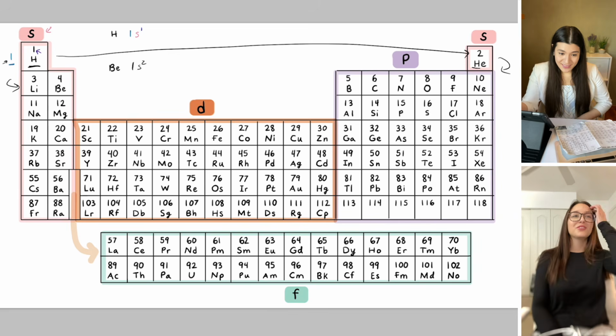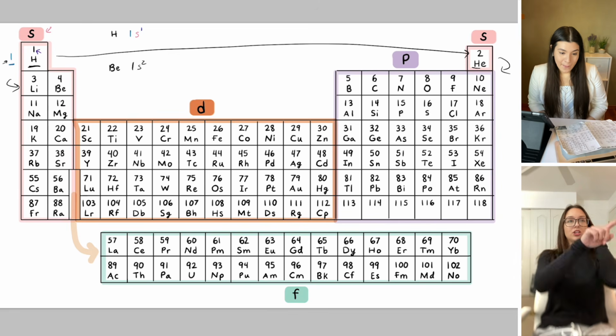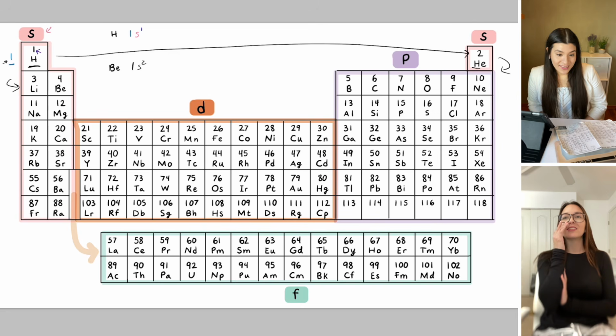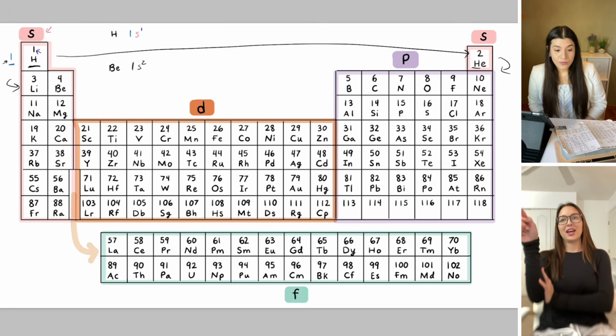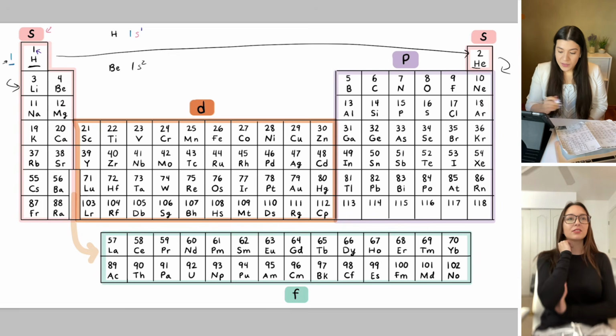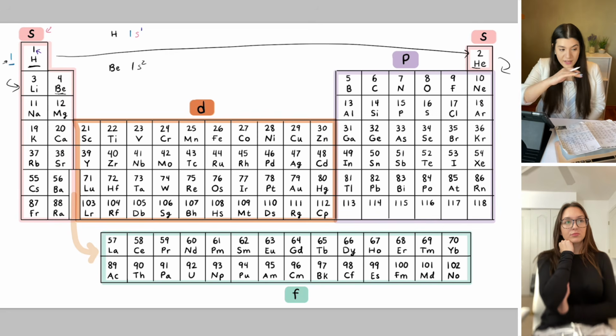So you don't count each individual one, so you're not saying 1s1 for hydrogen and then another 1s1? Yeah. So you go all the way to the end of that group and then write it? Yes, and the reason is because it's past that point. So we have to go all the way until we get to the element that we're looking for.